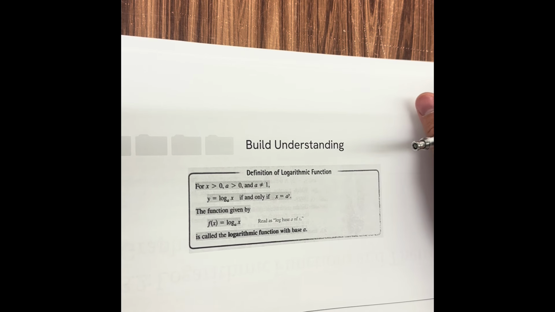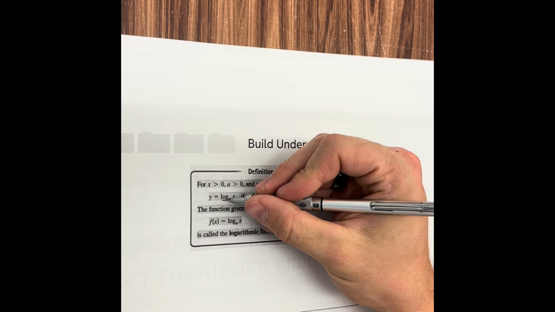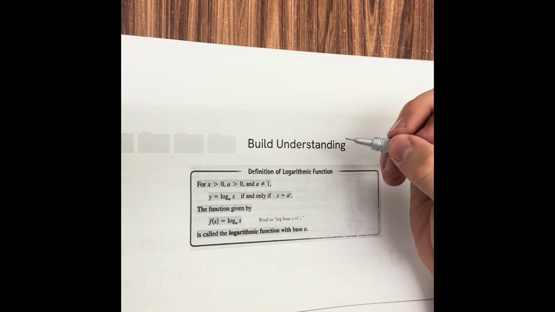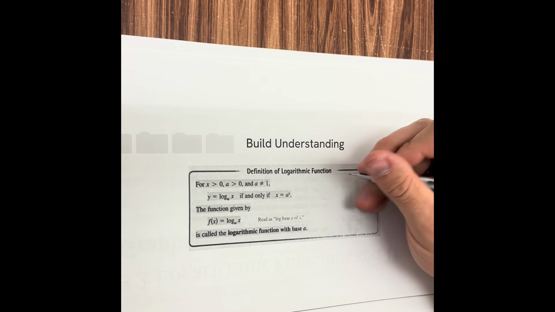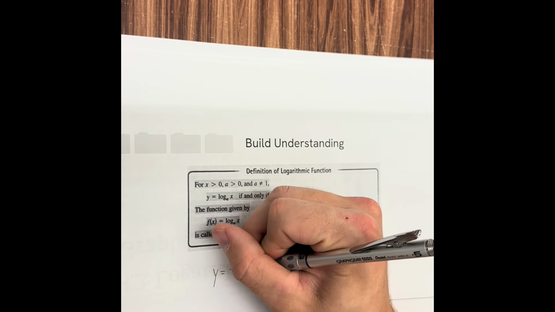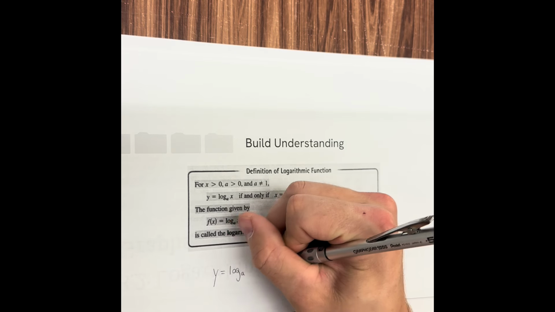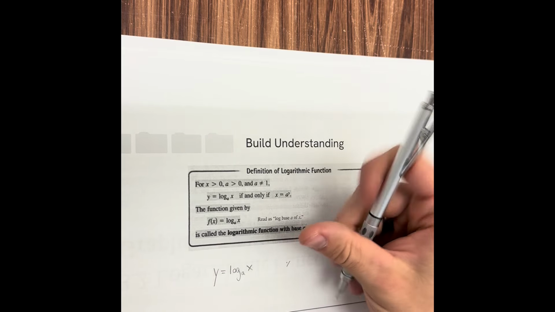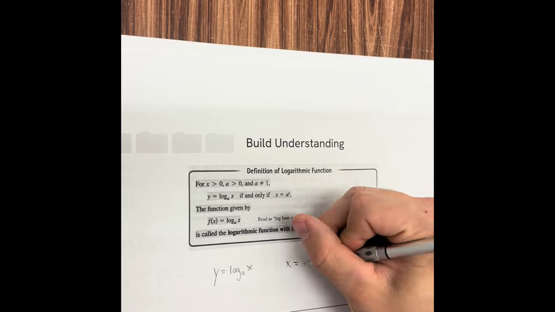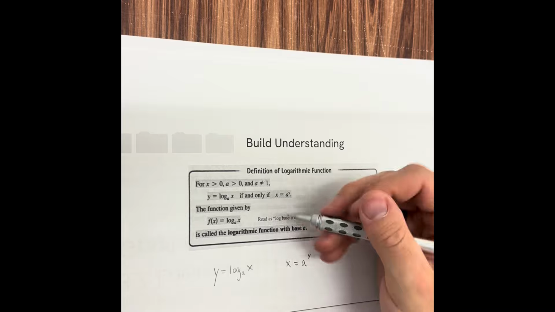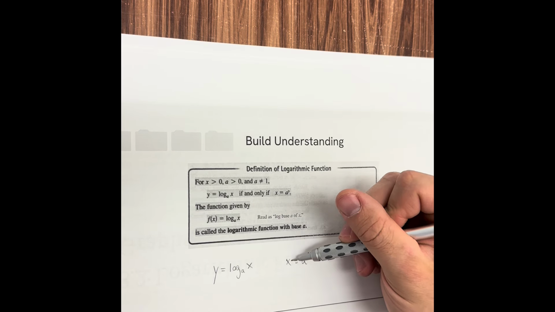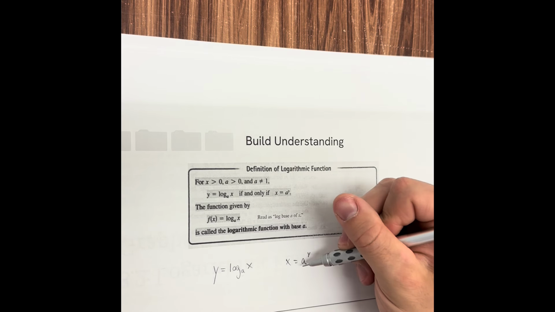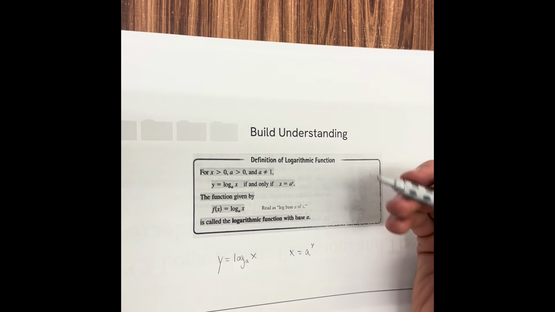We're talking about logarithms again. y equals log base a of x is only true if x equals a to the power of y. So whatever your log base is, that's going to be the base of your exponent.